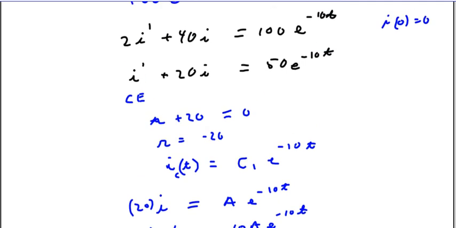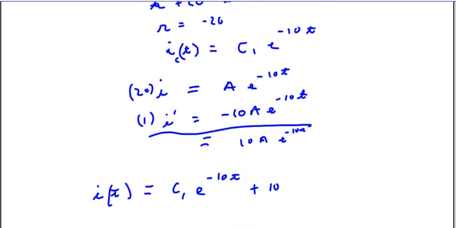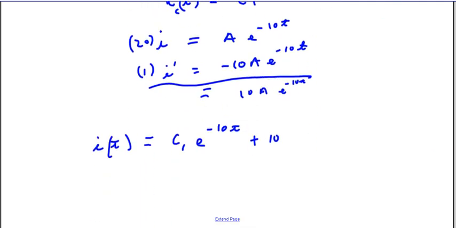What is that? That's 50 e to the minus 10t. This has to be 50 e to the minus 10t. So A has to be 5.